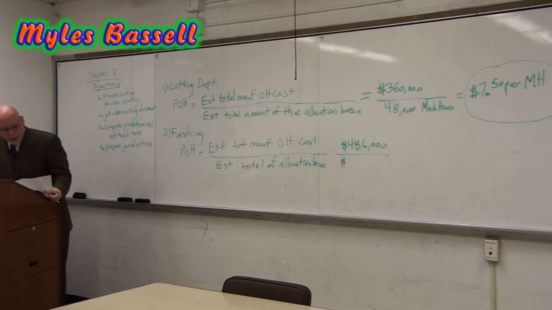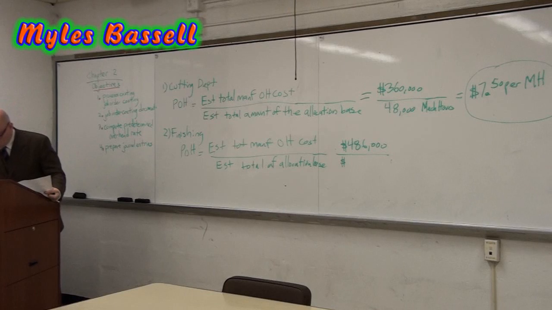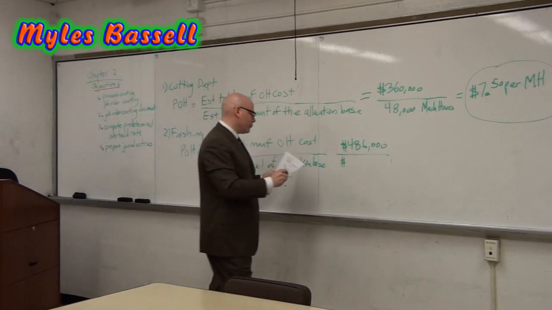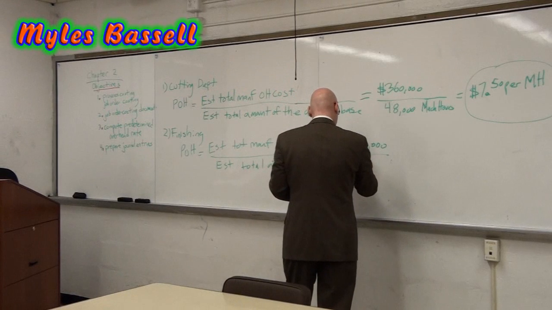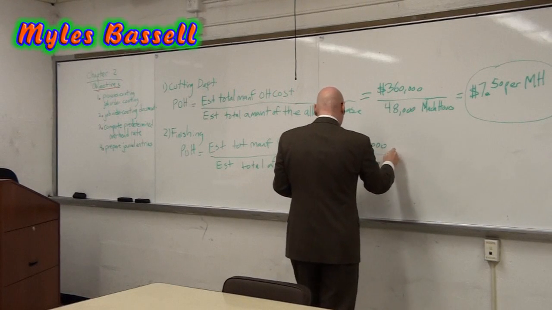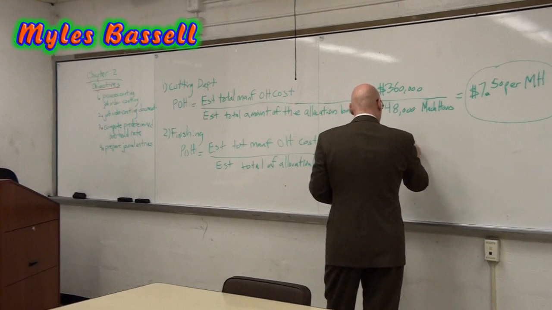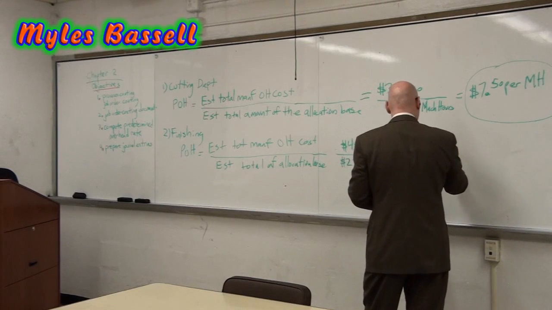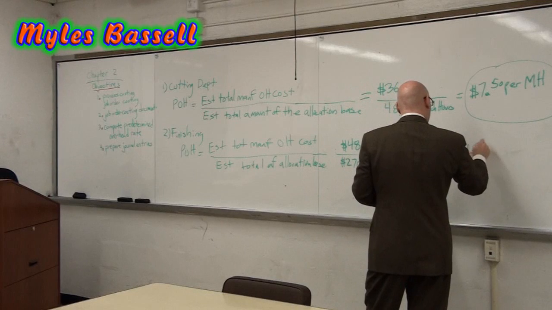So the manufacturing overhead cost is 486,000. The direct labor cost is 270,000. So that means that the predetermined overhead rate is 180% of direct labor cost.